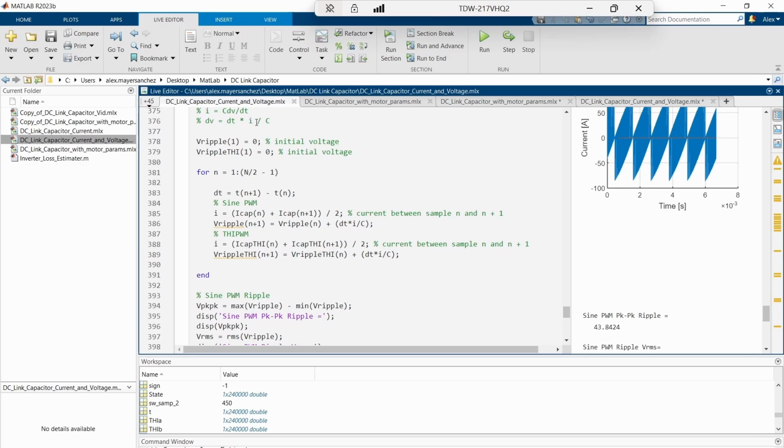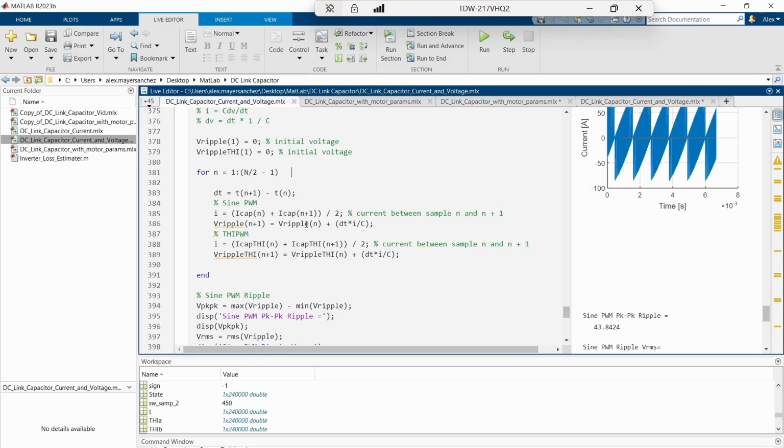And so then we get I, and then we have C from the beginning. That's one of our input parameters. So then we say dt times the current at this discrete time step divided by C is going to be equal to the change dV in voltage over this discrete time step.